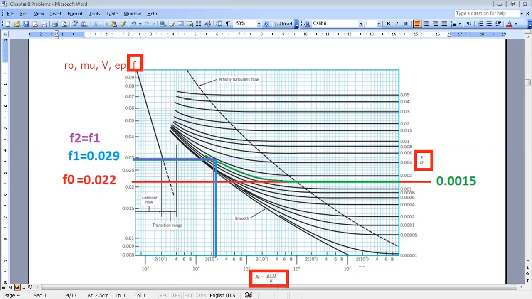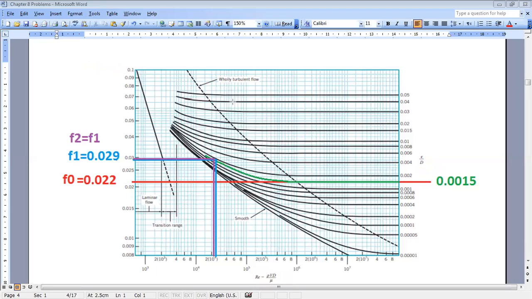The Moody chart can help us, if we know 2 of the parameters, to know the third one. So if you want, the Moody chart is equivalent to an equation, but instead of using a numerical equation, they performed an experiment and we have all the curves. So we can use the empirical relation developed, or we can use the Moody chart. Now we will learn how to use the Moody chart.